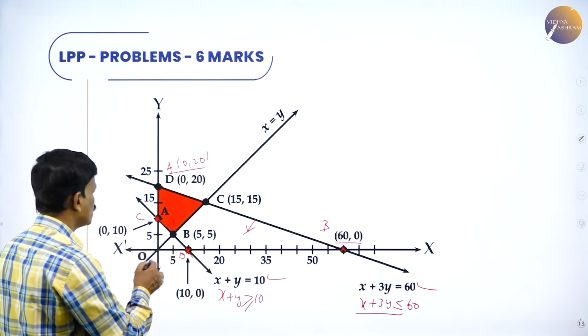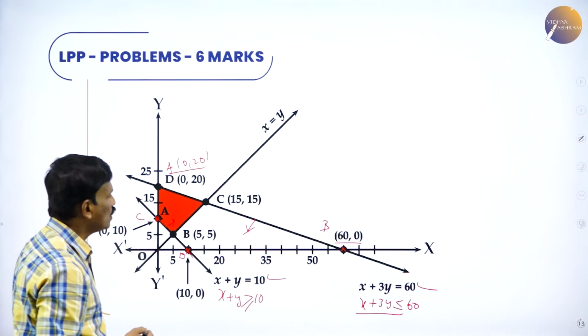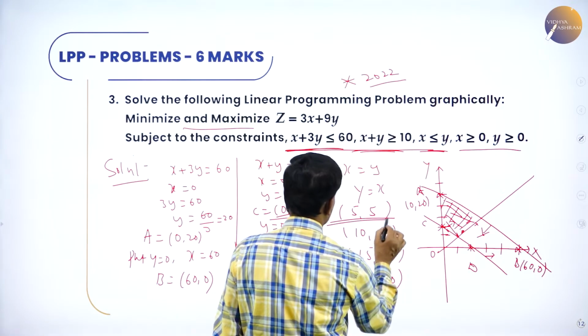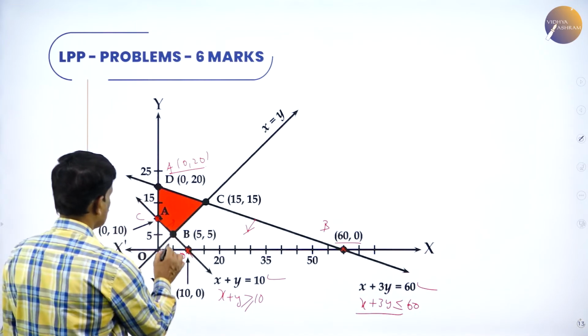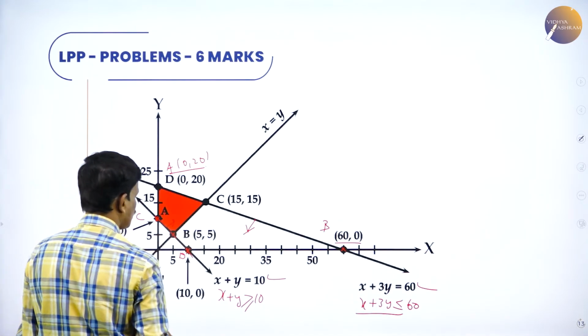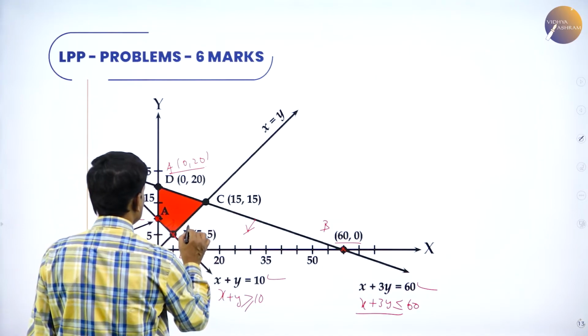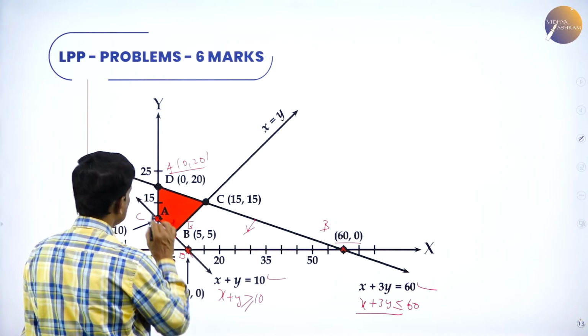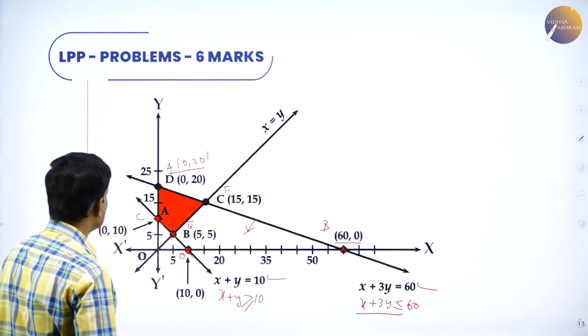One is towards the downward direction, another one is away from the origin, in the upward direction. Now what are the points? That is D (5, 5) and E (15, 15). You can consider these as E and F. So these are the corner points.